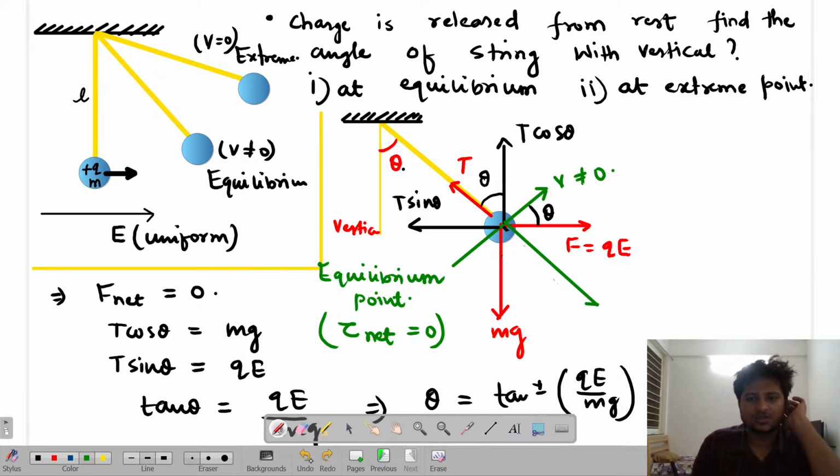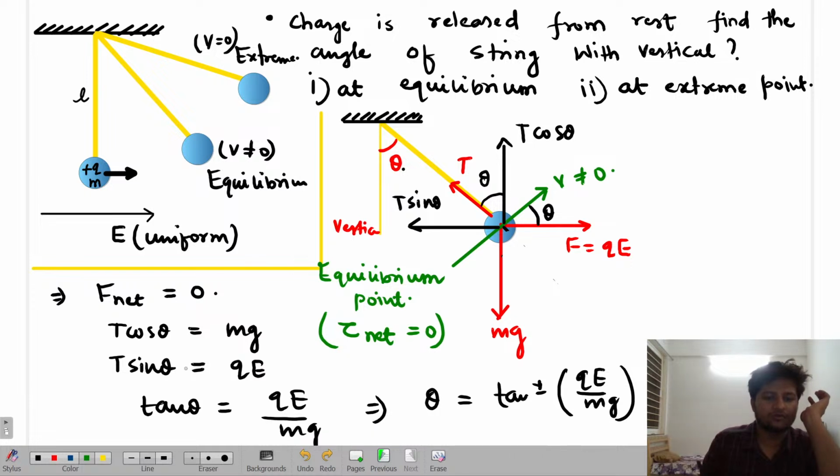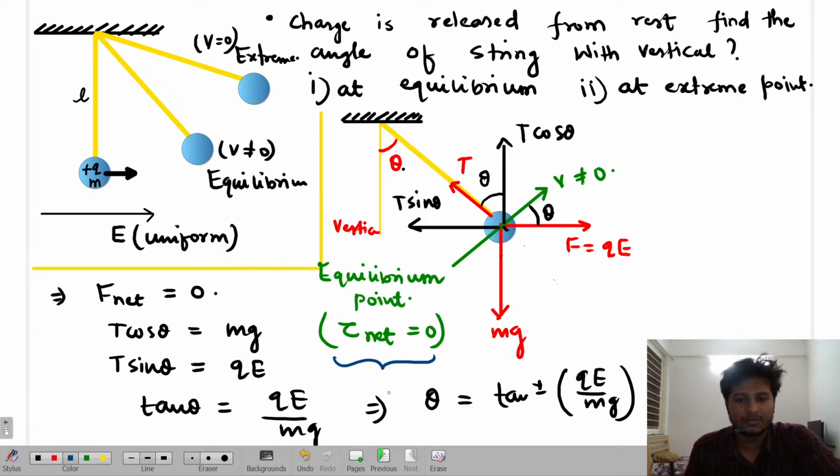But we just took an exception and we did it through f net equal to 0, upward force equal to downward force. But in reality, there is a presence of centrifugal force also. So whenever you solve the equilibrium point calculation, solve always using torque net, because you might not always be correct. So if torque net is 0, remember that. Let's suppose मैंने मान लिया ये एक point है origin. तो torque net through O should also be how much? 0.